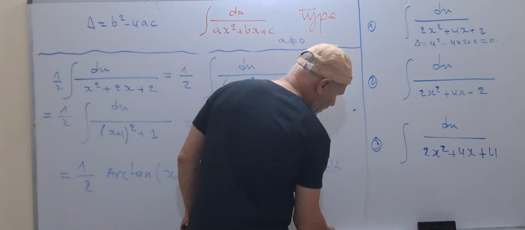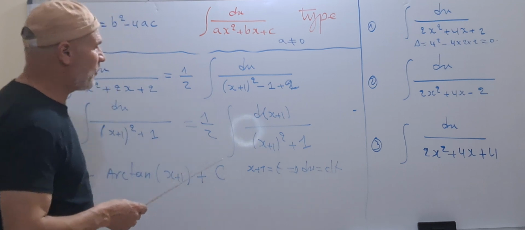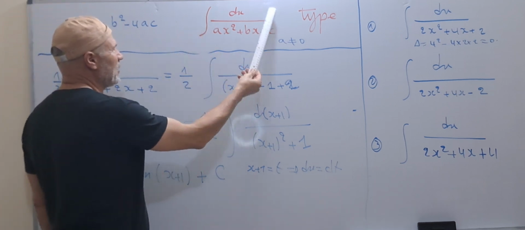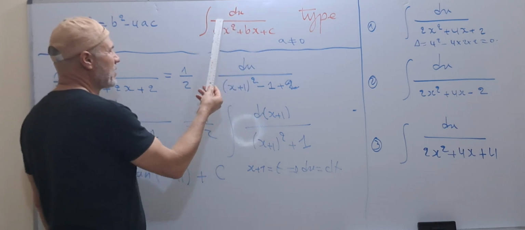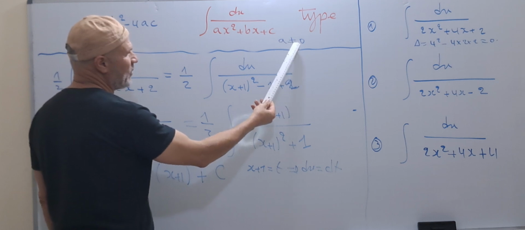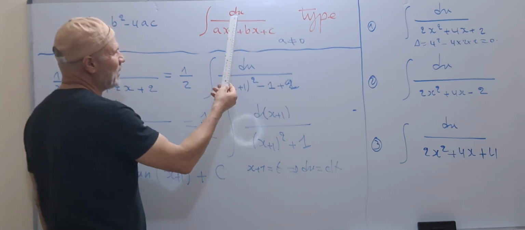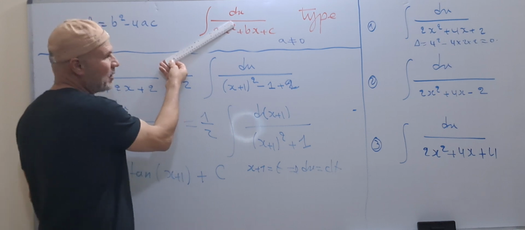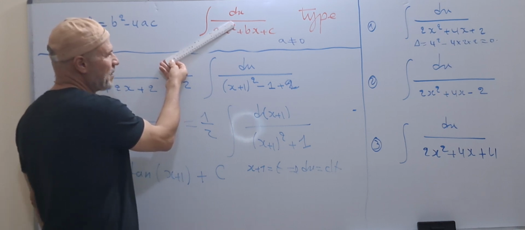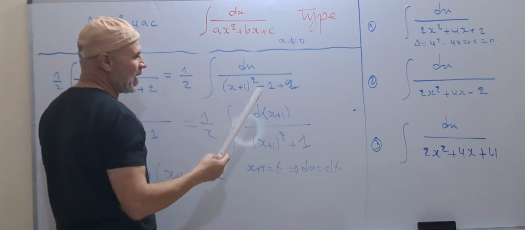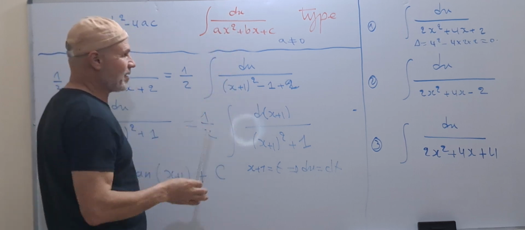So we can summarize this as a flow. The type of integral primitives dx over a x squared plus b x plus c, a is different from 0, even we will be in this case elementary 1 over x or 1 over bx plus c. So when we have this, we have 3 possible cases.